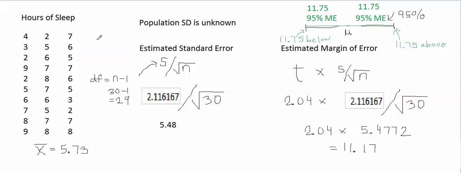So let's recap some of the things we just talked about. I said that when you use a sample mean to estimate a population mean, the sample has to be random, and either the population has to be normal, or the sample size has to be at least 30. One of those two things has to be true, because if one of them is true, the sampling distribution of all possible sample means is normal, and the margin of error can be calculated.